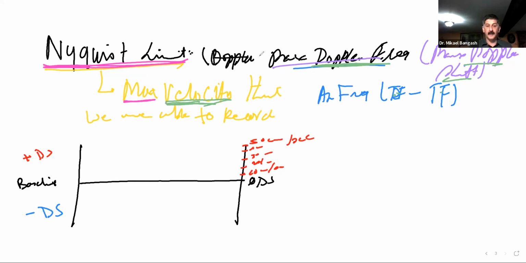At this point here, ladies, this 50 centimeters per second on the positive side is going to be your max positive velocity.